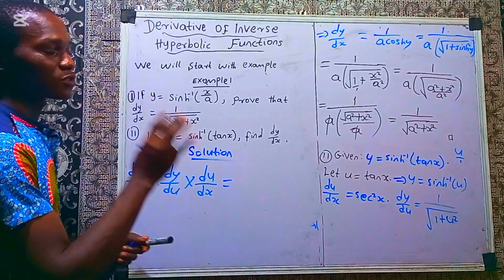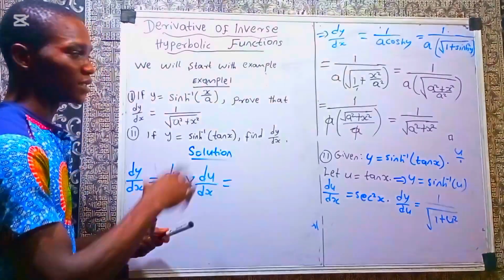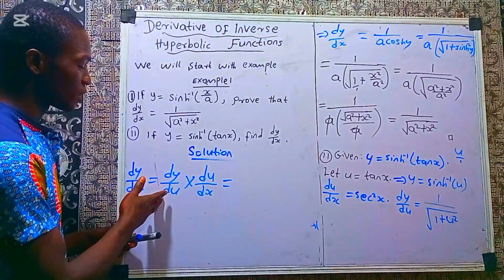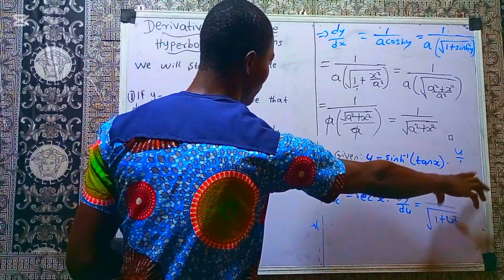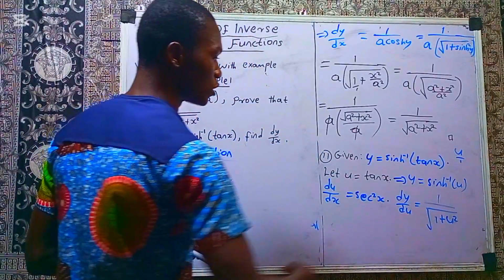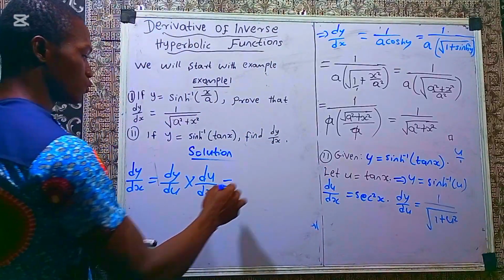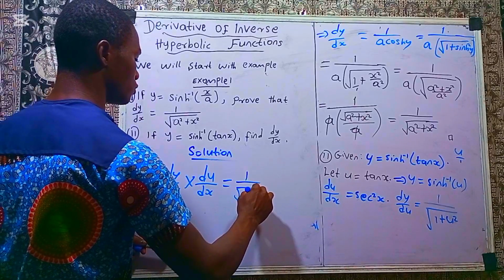So this formula is just what I told you earlier. The derivative of the inside multiply the derivative of the outside. So what is the derivative of the outside? That's this one, the derivative of hyperbolic sine inverse of u. And we got it to be 1 over square root of 1 plus u squared.